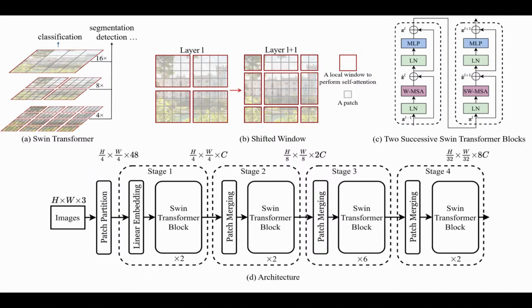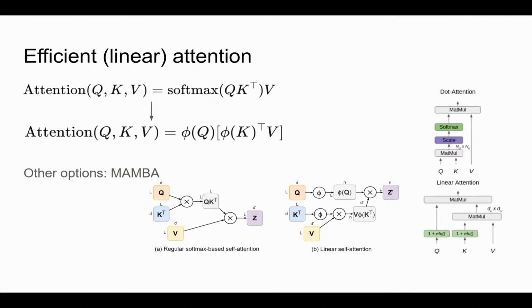Yeah, but then you have the reduction of resolution. So at the end, there's usually attention over the whole image as well. Or you can use, let's say, more efficient attention.